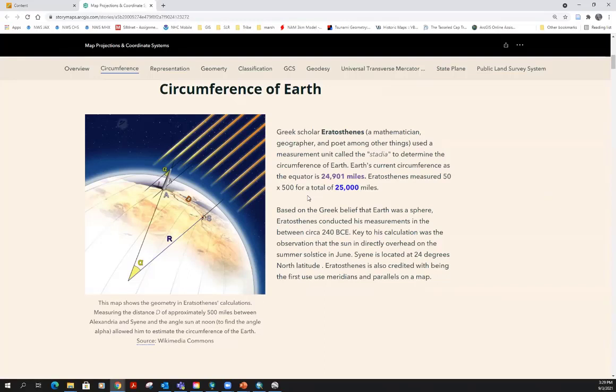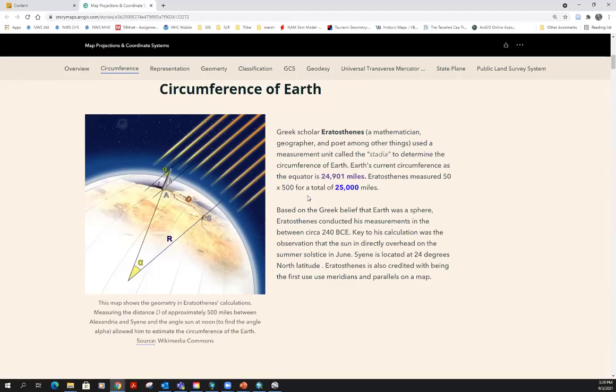The Greeks certainly had believed that the Earth was a sphere, but they used a unit of measure called the stadia. They measured the distance between two, at the time, centers of learning. You may have heard of Alexandria in Egypt and the city of Syene. They had noticed that at the peak of the sun, solar noon, the shadows cast by the sun were different in these 2 different locations.